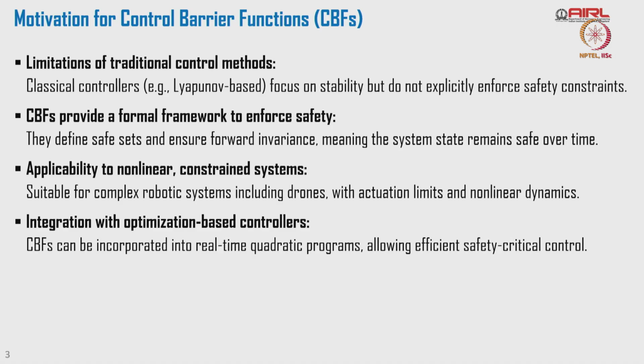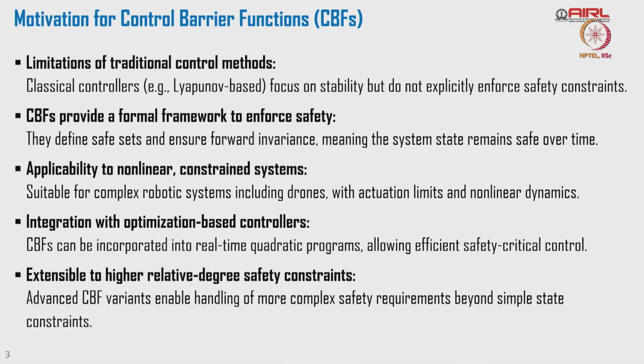So control barrier function can be incorporated in real time quadratic programs, which is an optimization problem, and then we can get the safety critical control by solving the optimization problem. Finally, which is very interesting but will not be covered in this lecture, control barrier function can be extended to higher order or higher relative degree safety constraints, and in that way it provides the flexibility to handle higher relative degree systems as well and impose safety.